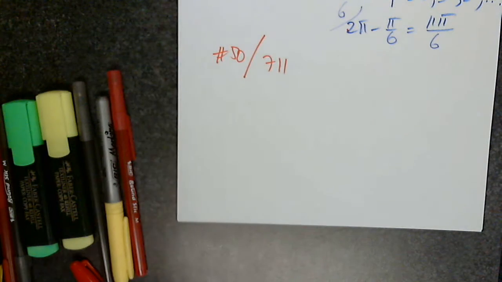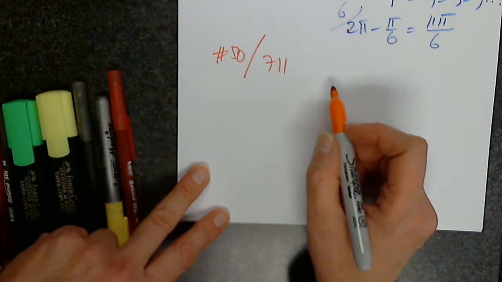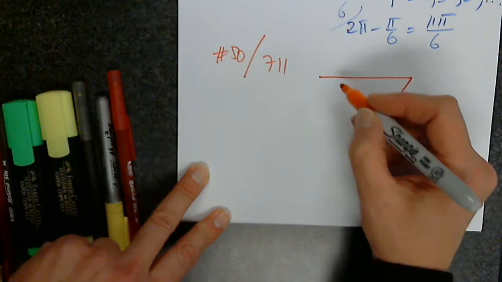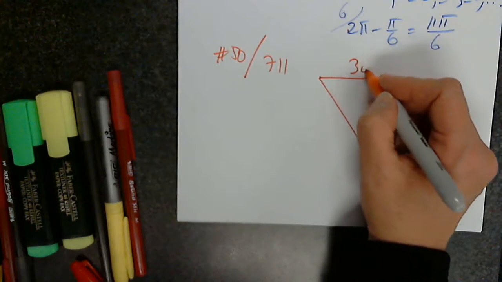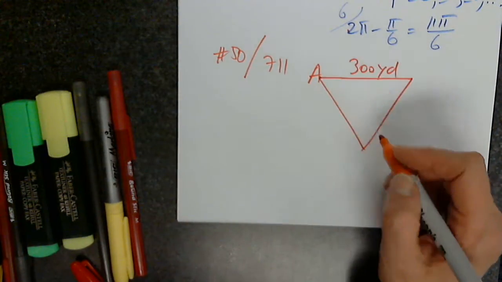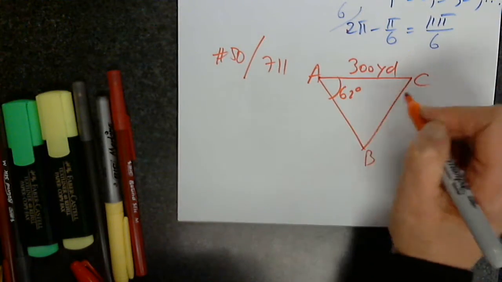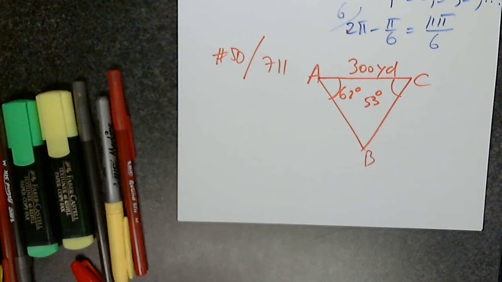A surveyor needs to determine the distance between 2 points that lie on opposite banks of a river. The figure shows 300 yards. Did we do this problem? We maybe did, maybe the beach one, not this one. Okay, very good, because I'd rather do another problem, not the same one. So they say 300 yards are measured along one bank.